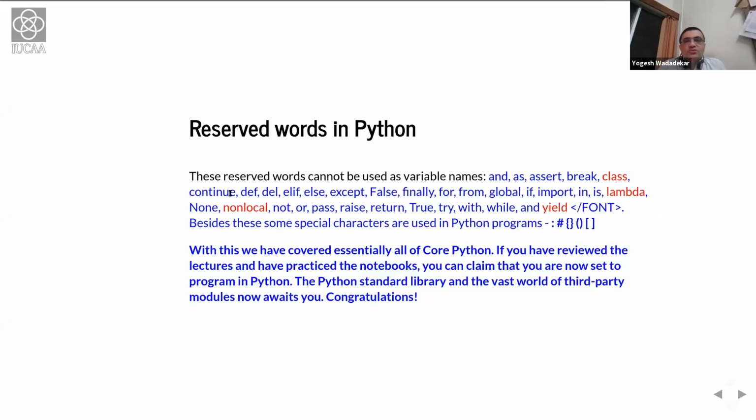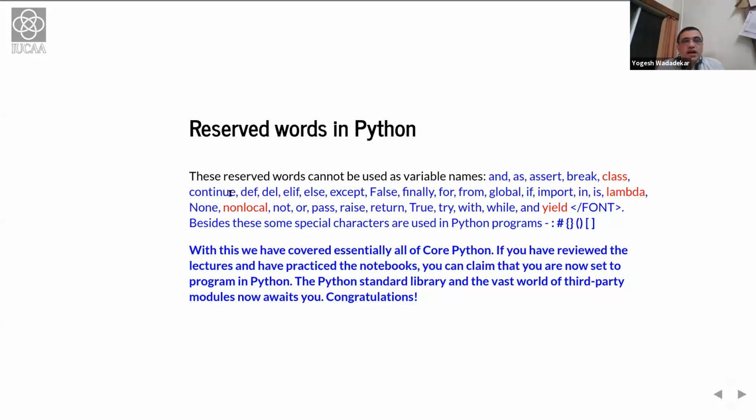Okay, so now we come to the list of reserved words. These are the words that cannot be used as variable names. Now, what I've done here is I've marked in red the reserved words that I have not discussed in this lecture so far.